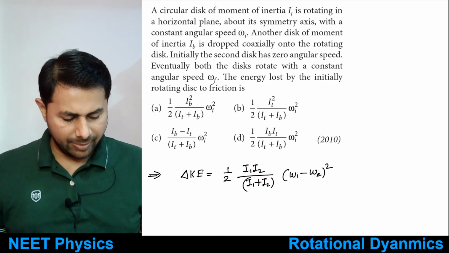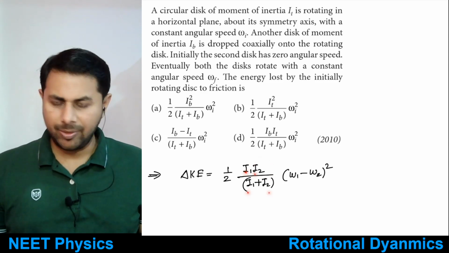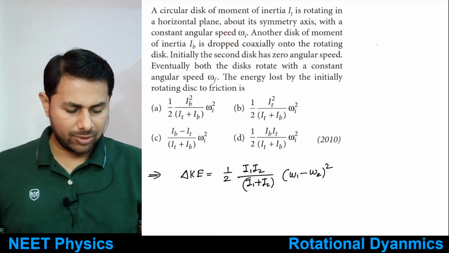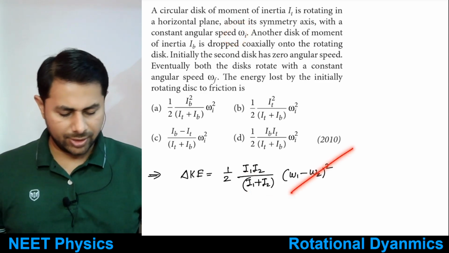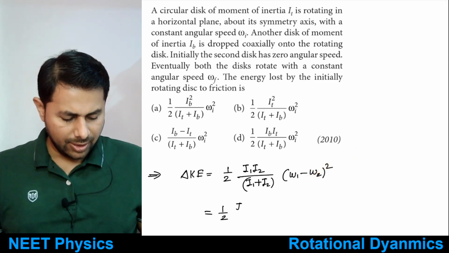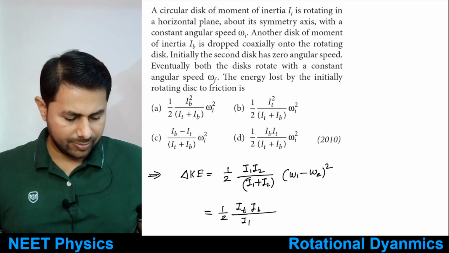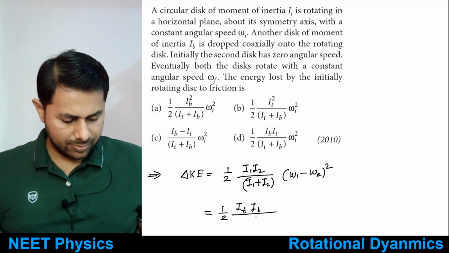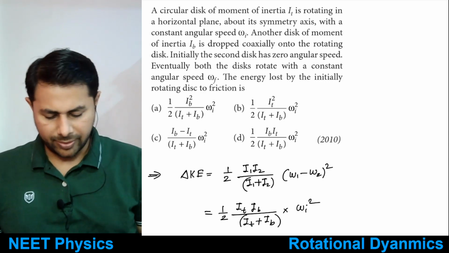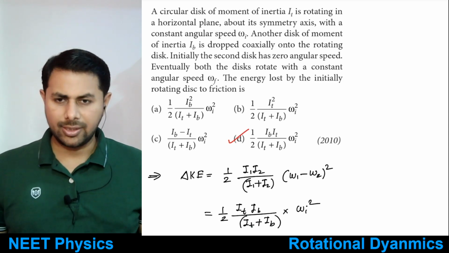So it will be IB times IT divided by IB plus IT, multiplied by the angular speed of the first one, omega 1, minus that of the second one, omega 2, which is 0. That's why the answer is ITIB divided by IT plus IB, multiplied by omega I squared. Good. So this is the answer, right? Very good, Indusha.